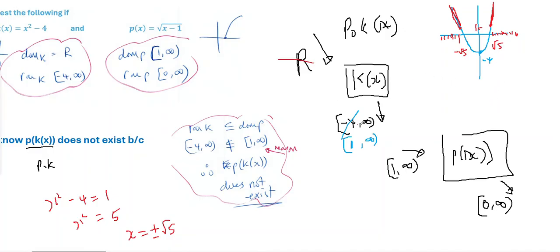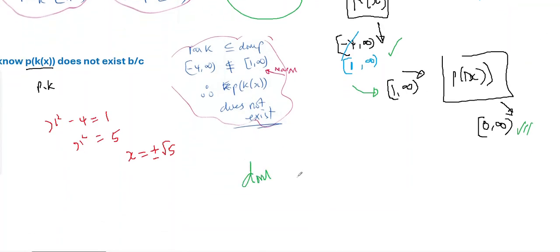So the domain that I want to put in now is -√5 through to √5 inclusive, and then that definitely will give me a range that goes from 1 to infinity, which means 1 to infinity is a perfect fit, so this here doesn't change. So my new domain should be -√5 to √5.